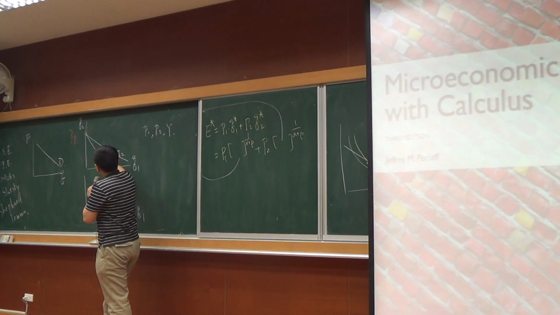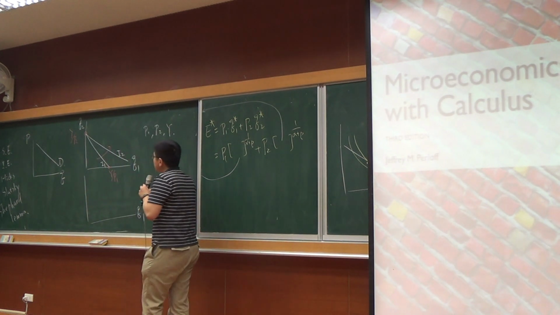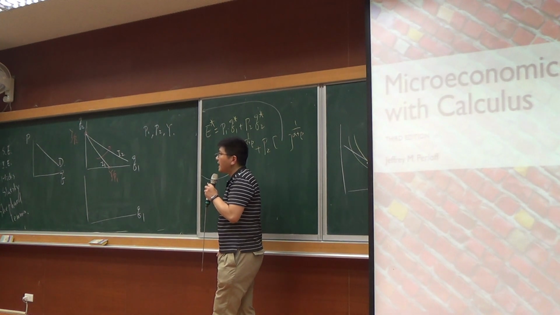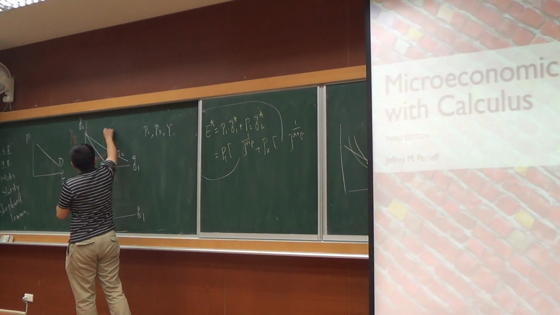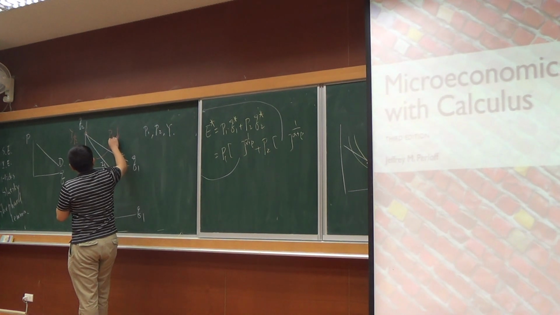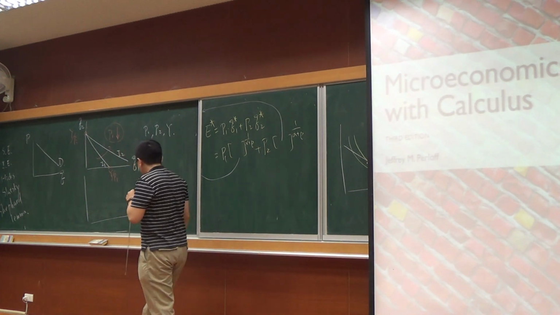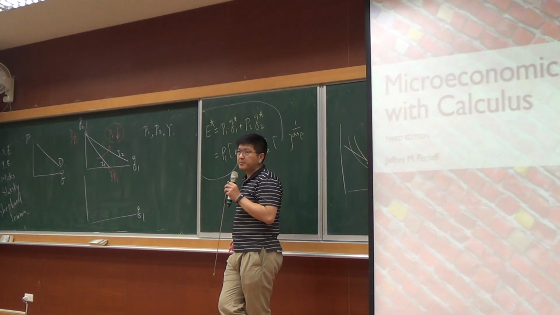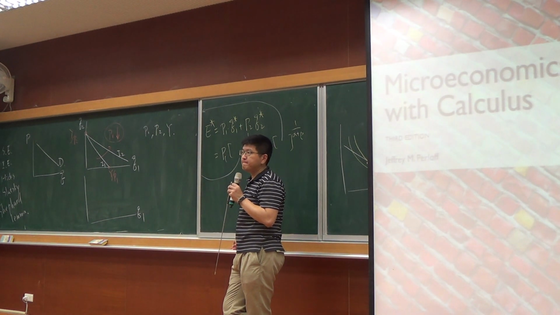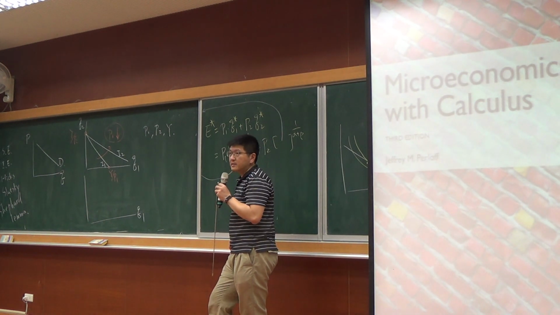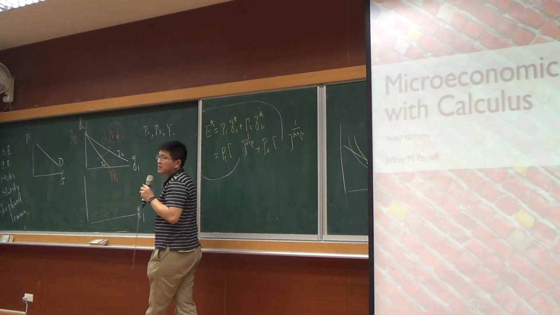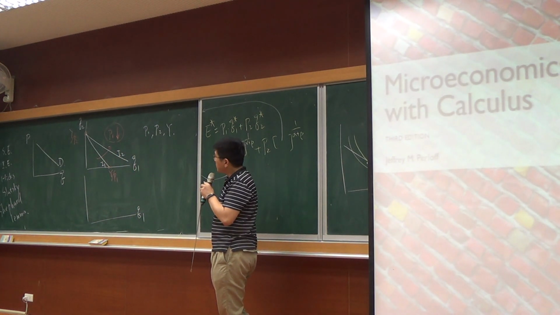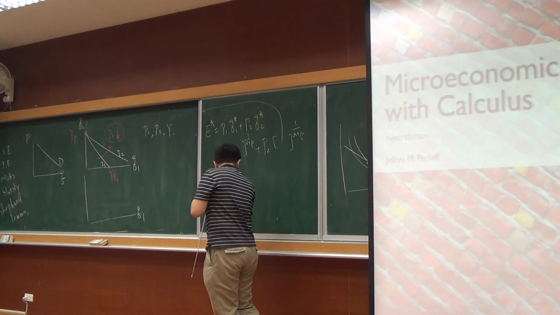And if you see the rotation from I1 to I2, it must be caused by the decrease, the drop of P1. If P1 drops, then the budget line will rotate outward.